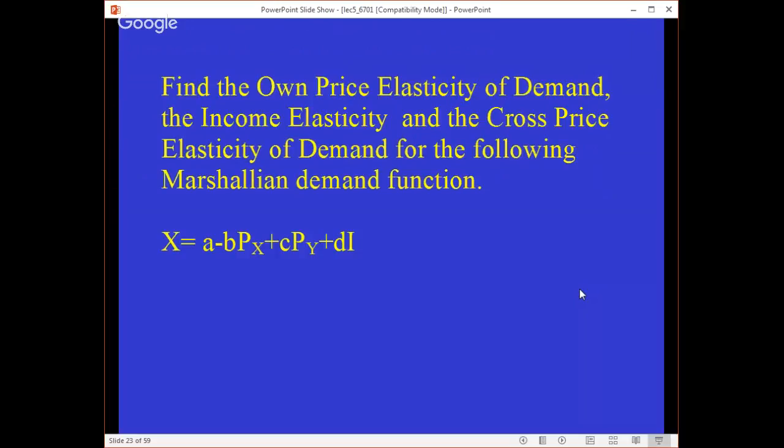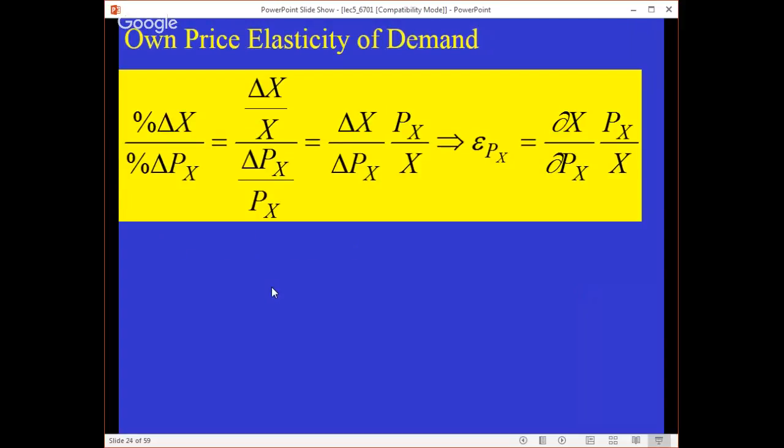Here's a much simpler Marshallian demand formula. And I'd like you guys to go ahead just in your notes and derive all the elasticities: the own price elasticity, income elasticity, and cross price elasticity. So it's the first one. And what's it going to be?